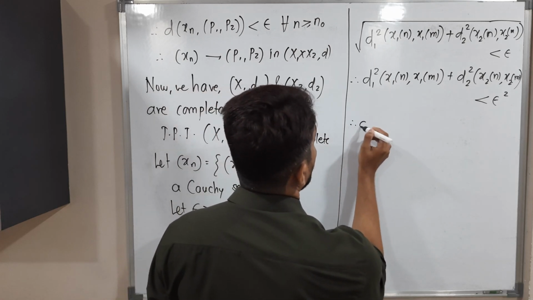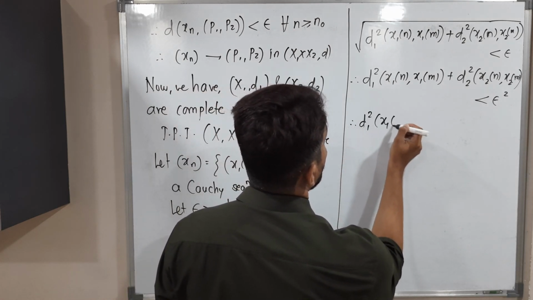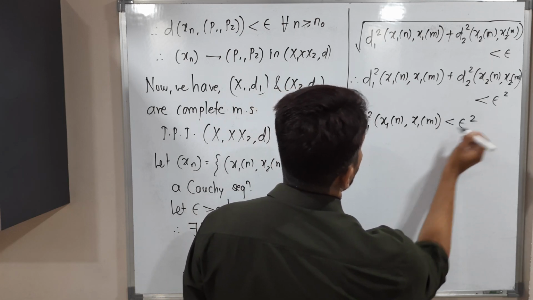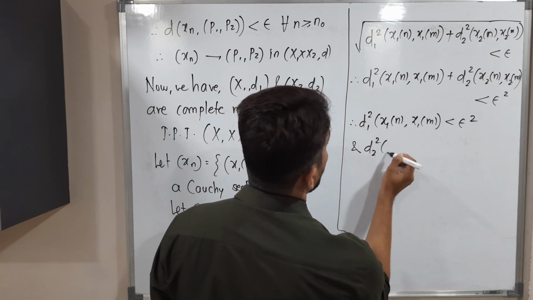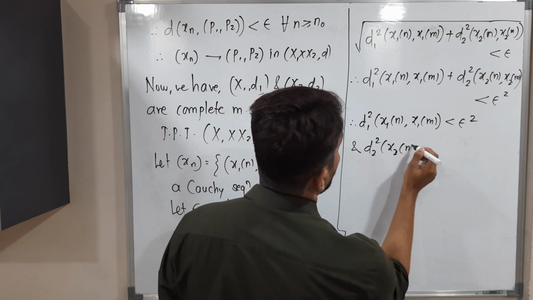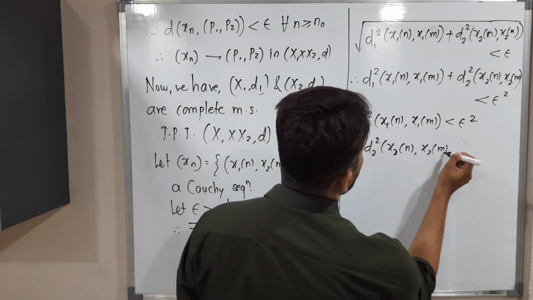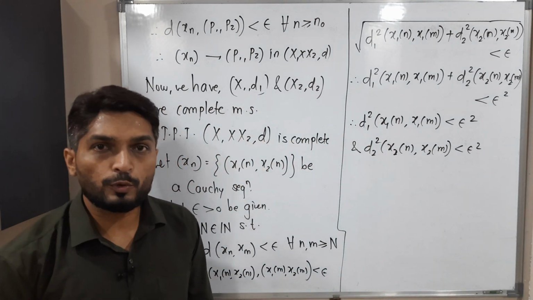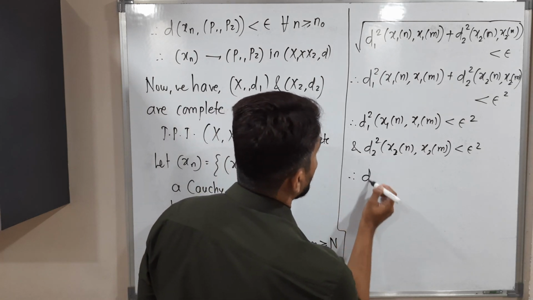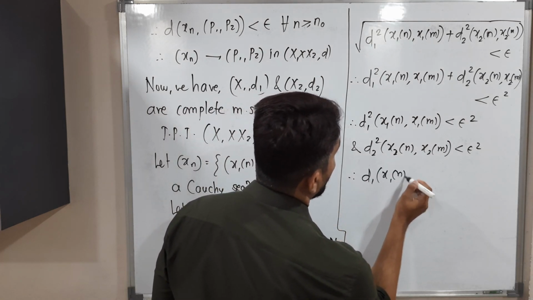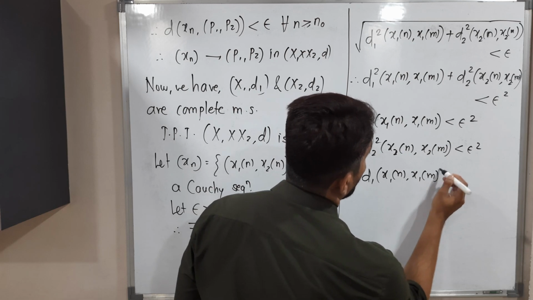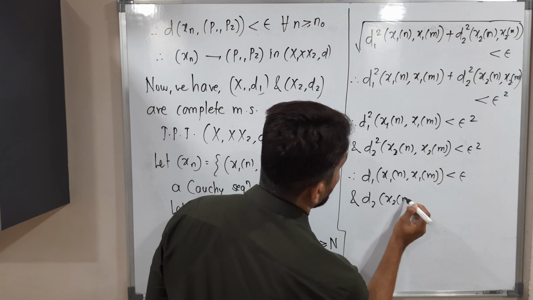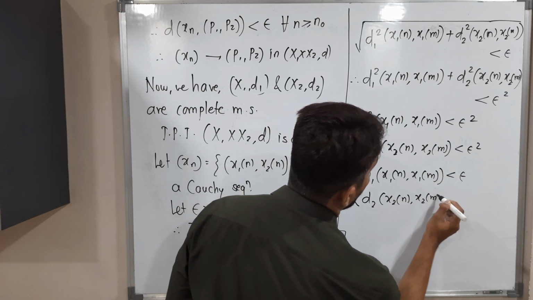So d1 square x1n, x1m is less than epsilon square, and d2 square x2n, x2m, guess the next step, less than epsilon square. Guess the next step, please guess. Obviously I will take square root of both sides. So therefore d1 x1n, x1m is less than epsilon, and d2 x2n, x2m is less than epsilon.